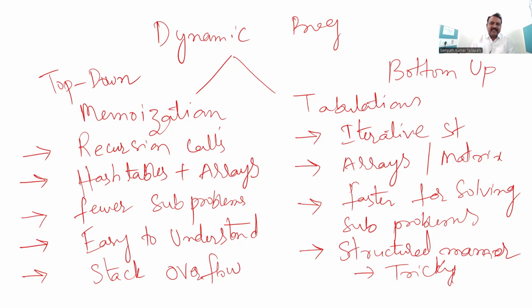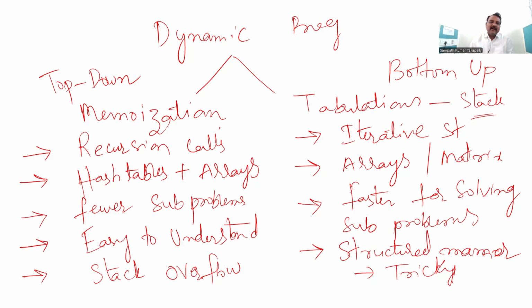And when I talk about tabulation, there is no stack involved here. As we said, in recursion and memoization we are going to use the stack. Because in tabulation we are going to use iterative statements, we are not going to involve the stack.